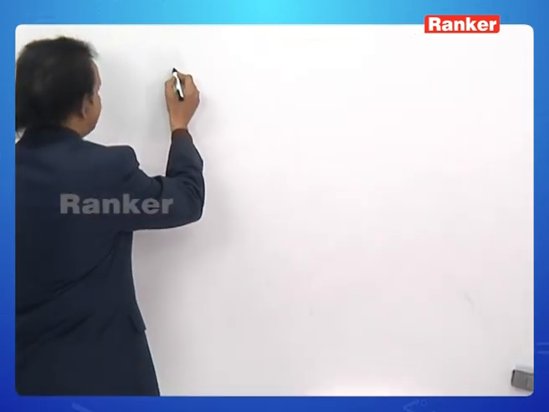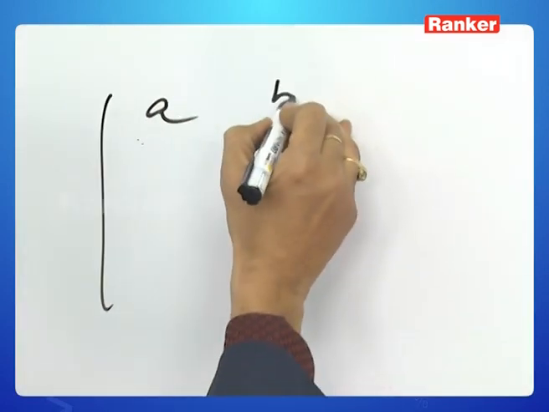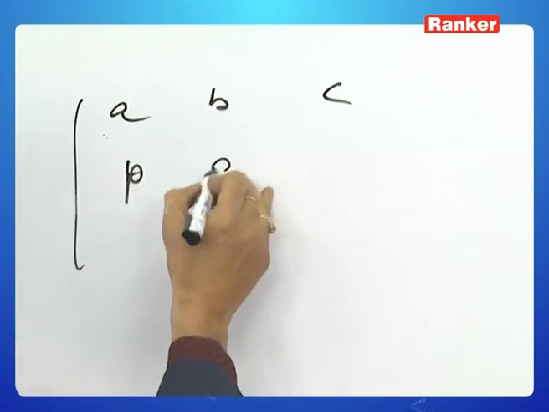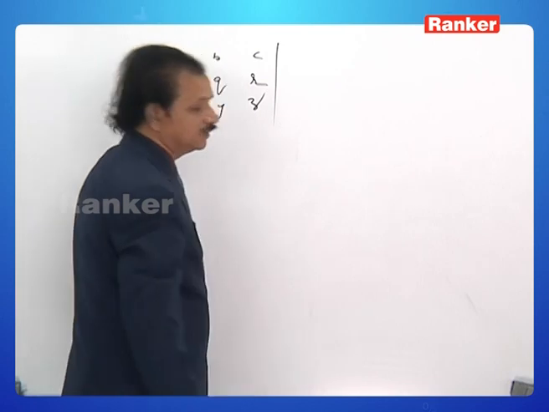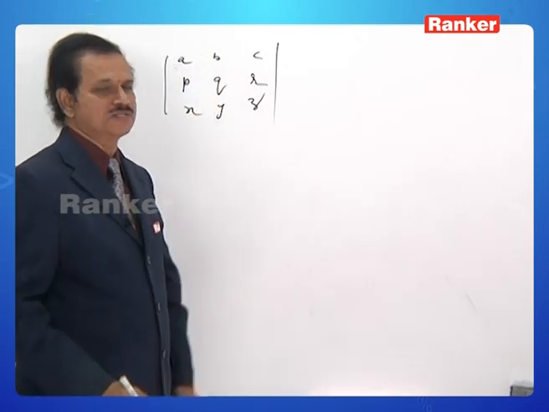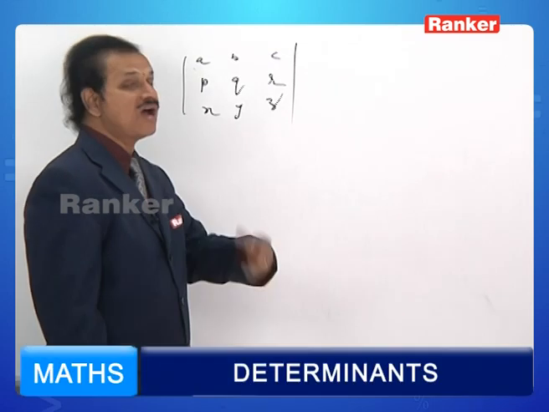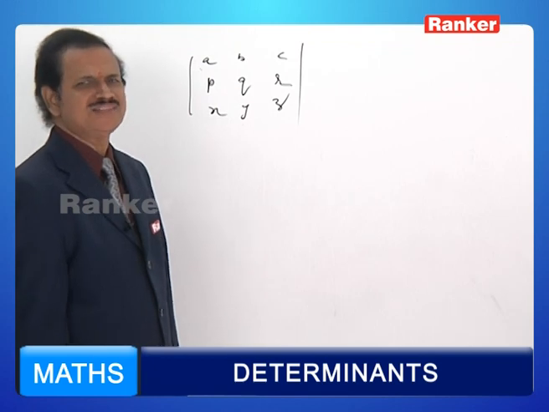Another beautiful property. If there is a determinant, say with rows a, b, c; p, q, r; x, y, z, then if you interchange 2 rows, the value of the determinant gets the opposite sign. 2 columns, same. Now I would like to interchange all the rows and columns.